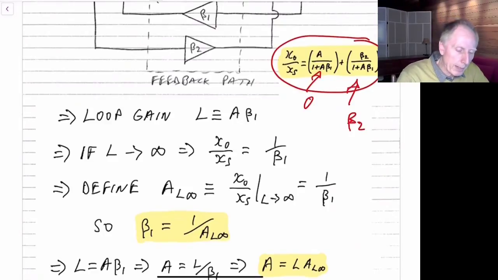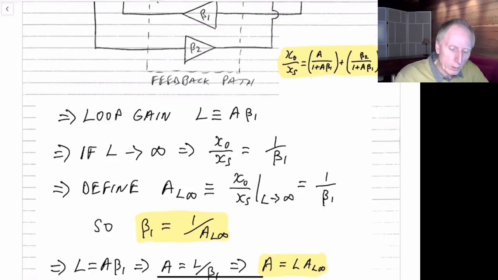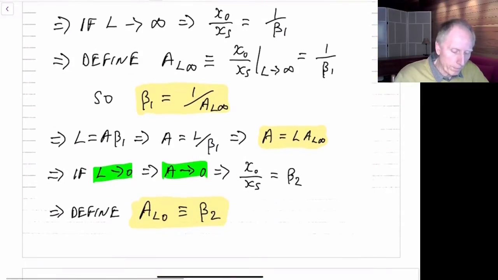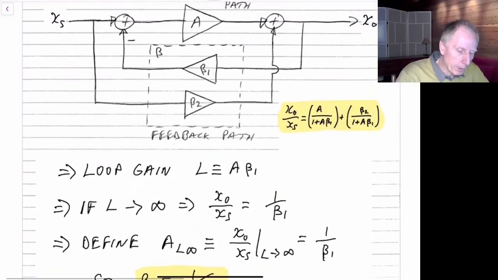So we see that the gain, or the transfer function, will become just beta 2 if A goes to 0, or the loop gain goes to 0. So what we can define now is that A sub L 0, the gain through the system when the loop gain goes to 0, is just equal to beta 2. And that becomes the new parameter we can put in here.